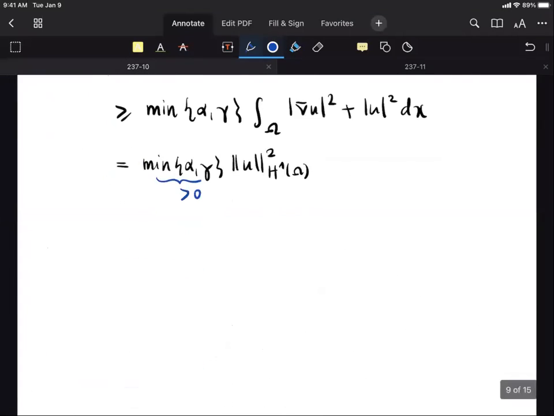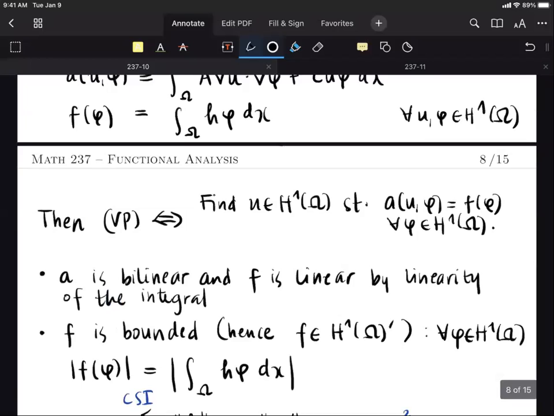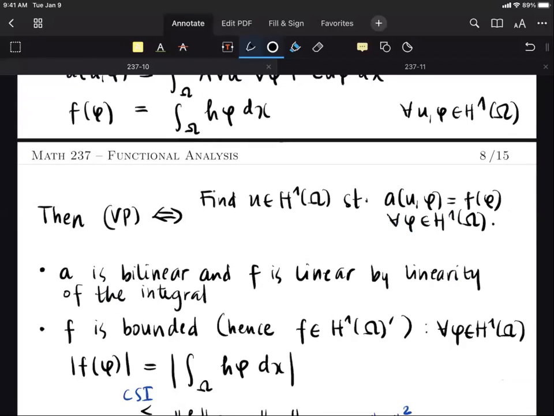So therefore, by the Lax-Milgram lemma, there exists a unique U in H1 omega such that A(U, phi) is equal to F of phi for any test function phi in H1 omega. And this is a weak solution of our problem according to this equivalence that we have stated a while ago.